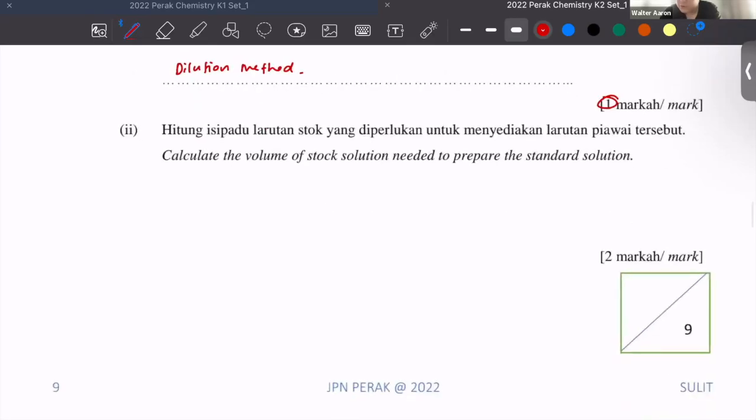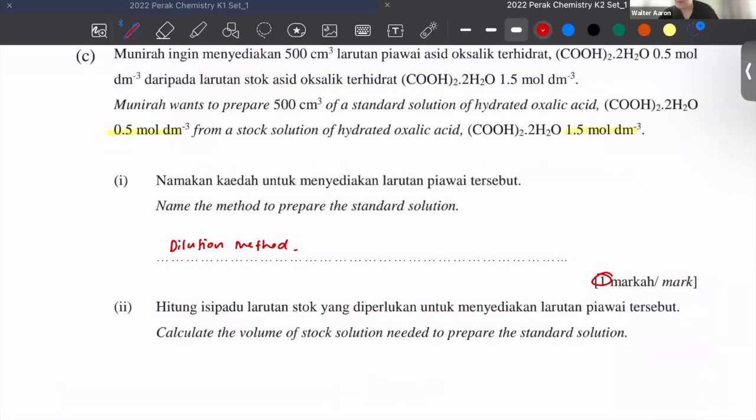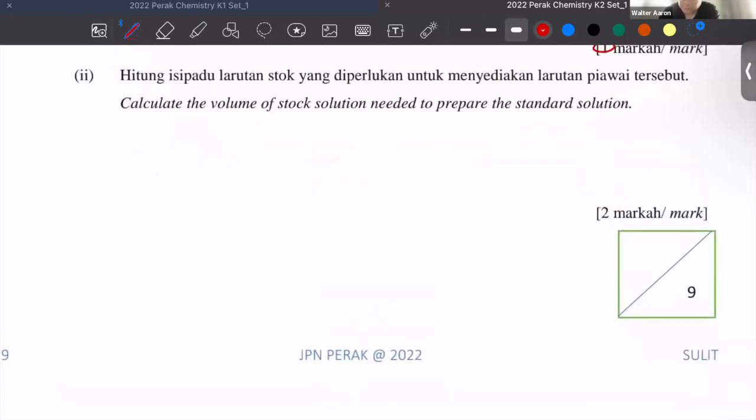Calculate the volume of stock solution needed to prepare the standard solution. So now we need to calculate how much from the 1.5 mole per dm³ we should put into the new one to make 0.5 mole per dm³. So meaning to say right now, I'm just going to illustrate to you how it looks like.